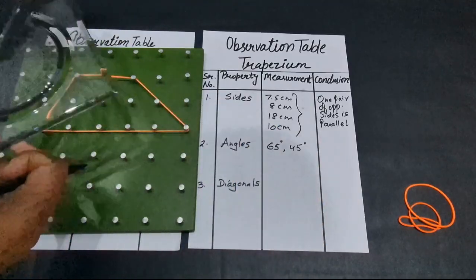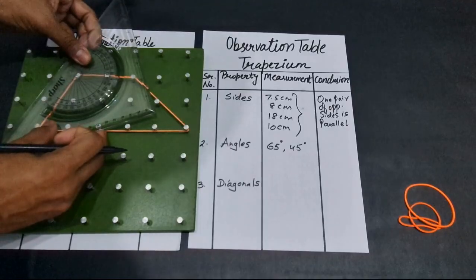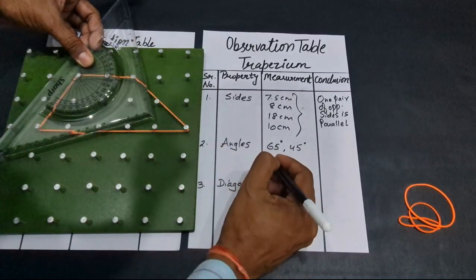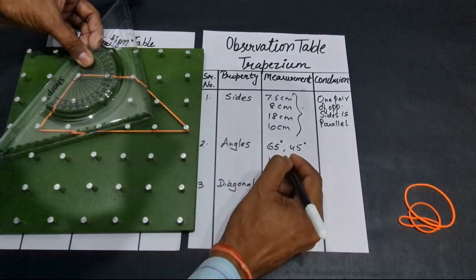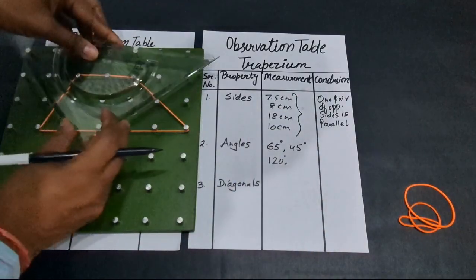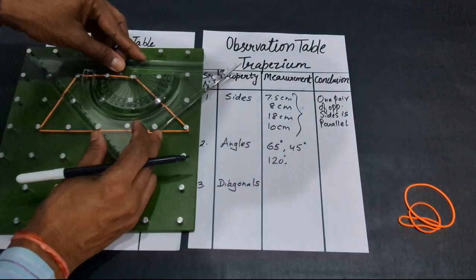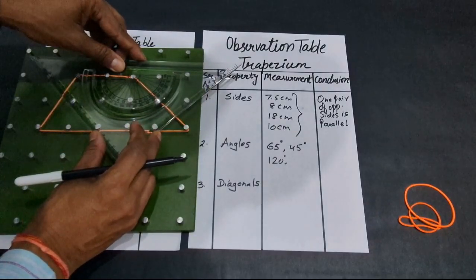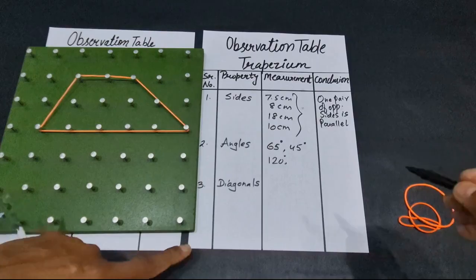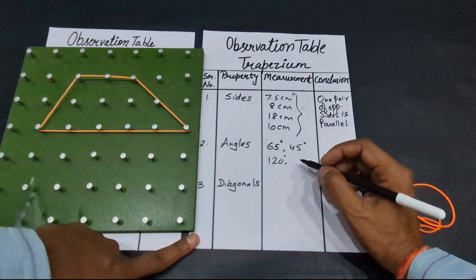Now this angle is approximately 120 degrees, and the fourth angle is approximately 150 degrees. So you can measure all the four angles like this.